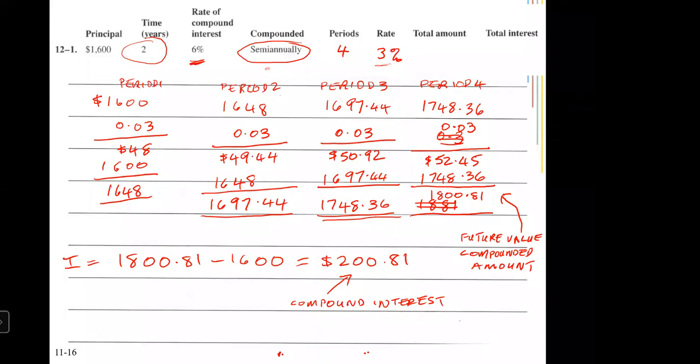So the simple interest, I put SI, would just be 1,600 times 0.06 times 2 years. So how much is that? $192. Okay, 192.